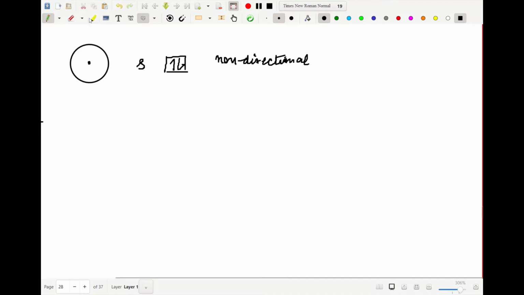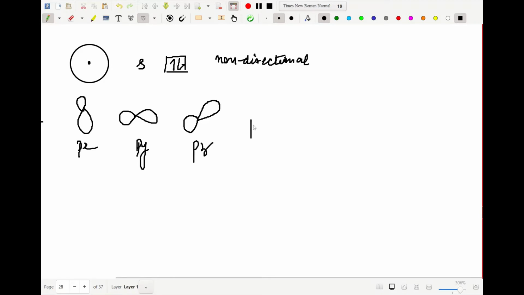Whereas a p orbital is dumbbell shaped, and it is present in three different axes, px, py, and pz. The maximum capacity of the p orbital is 6, because every orbital has a capacity of 2 and there are three different orbitals, so 6 is the total capacity here, and it is highly directional.